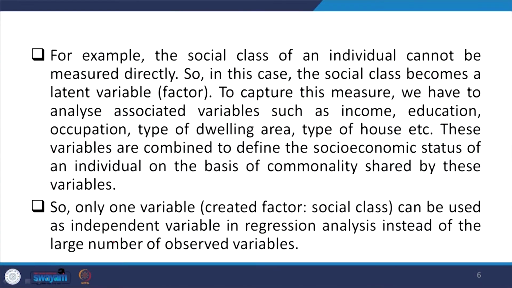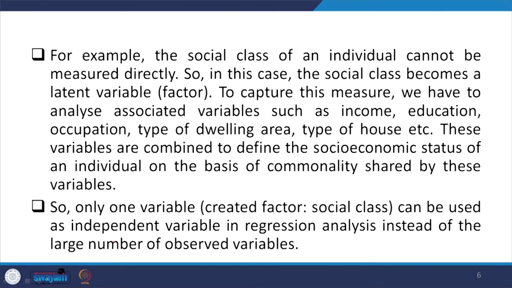Okay. So, for example, the social class of an individual cannot be measured directly. In this case the social class becomes a latent variable, as it is not understood directly. To capture this measure, we have to analyze associated variables such as income. If you are getting a little confused between social class and social sector or caste, actually this refers to social status.